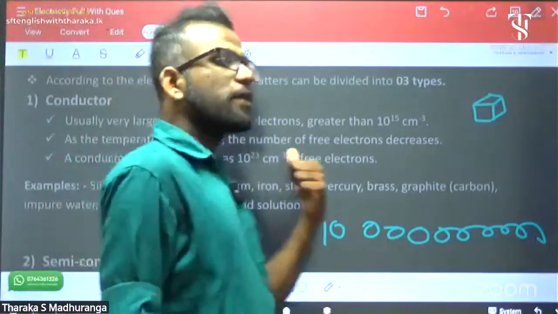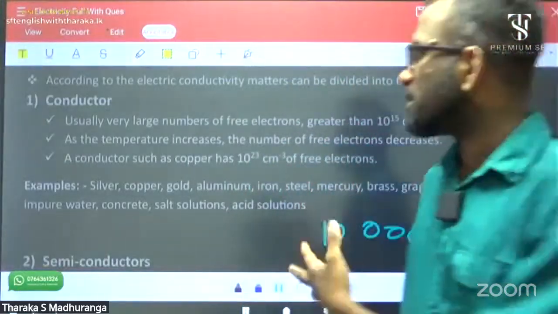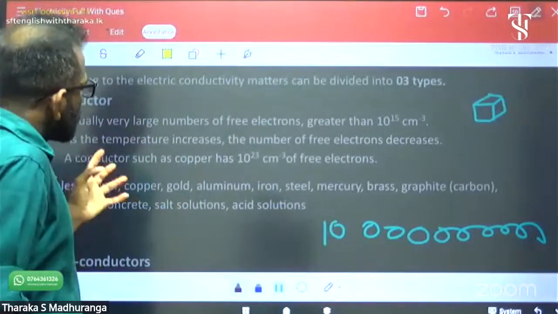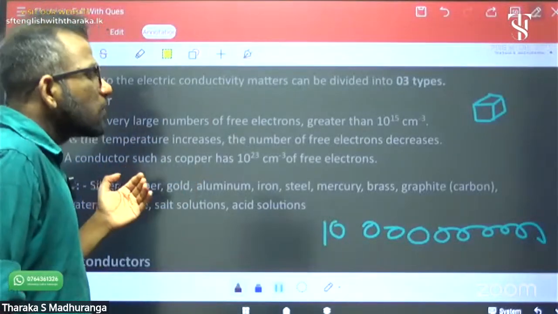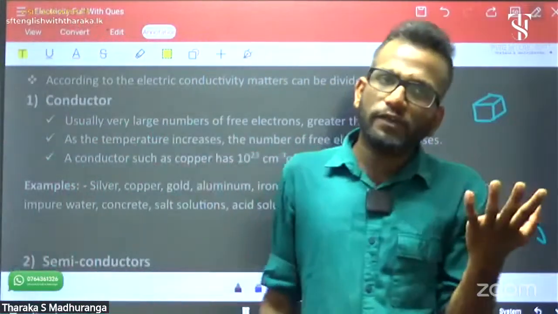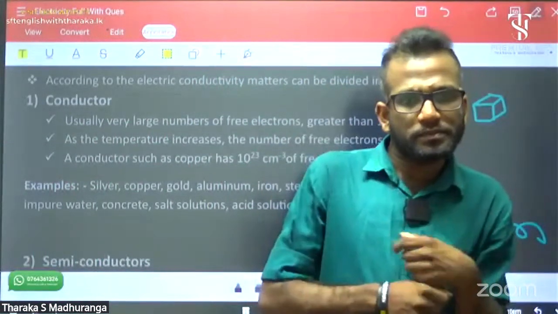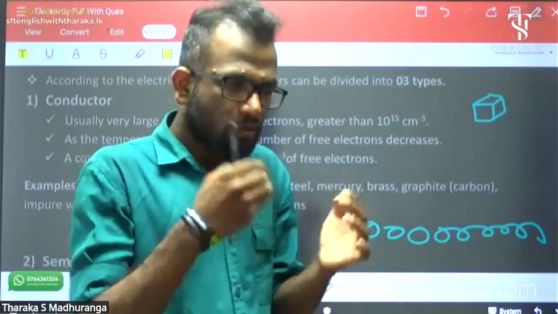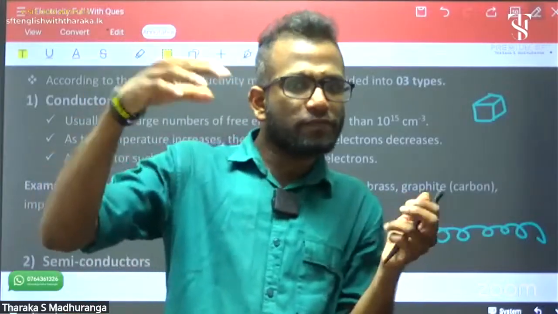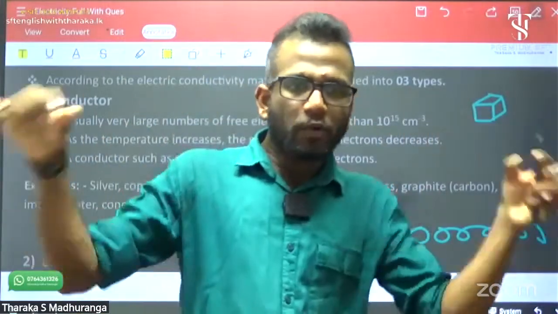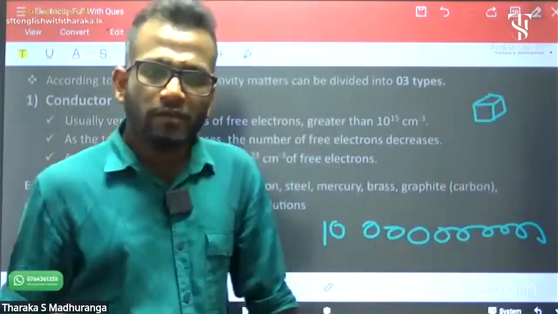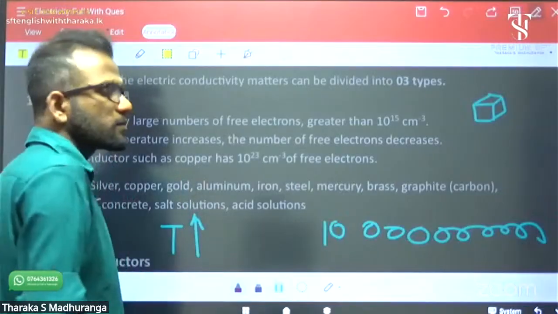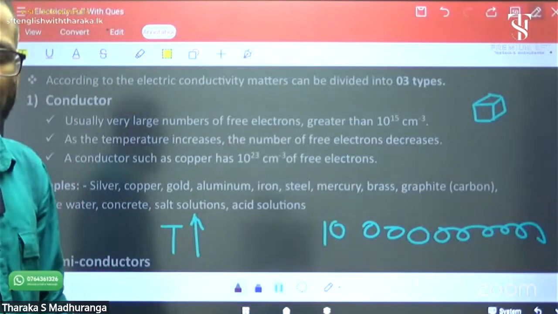And the temperature change, that we can discuss in the temperature part. Okay, I will explain now if you want. When temperature increases, what happens to the number of electrons? Normally I ask, when we increase the temperature of the conductor, think your home copper wire temperature is increasing, what happens to these free electrons?